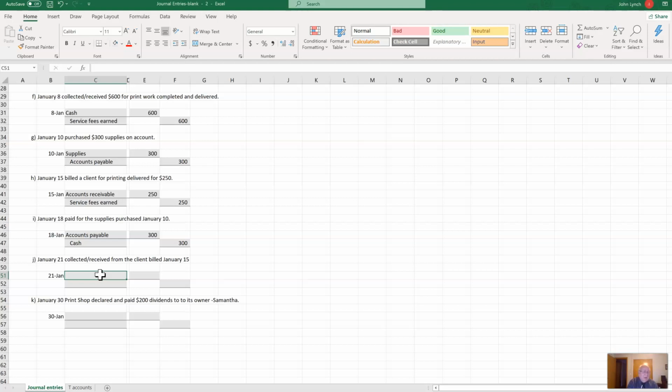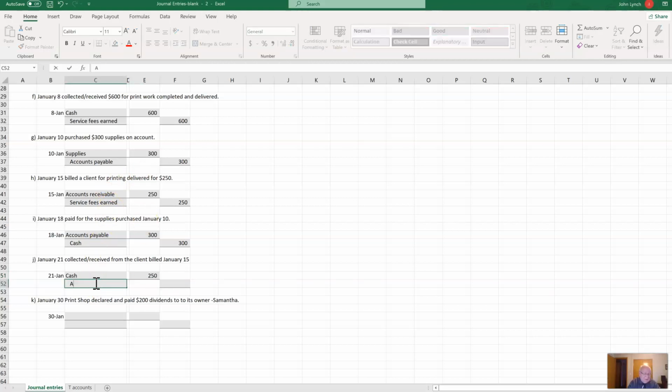On the 21st, we collected and received from the client that we billed January 15th. Okay, so since we collected and received, that's cash for $300. Nope, sorry, $250. Got the wrong line there. It's this one right here, January 15th.